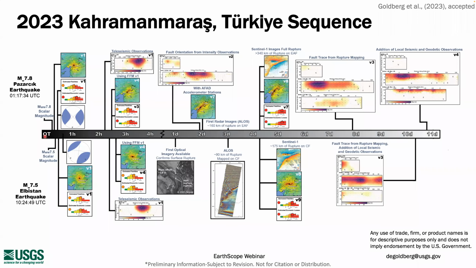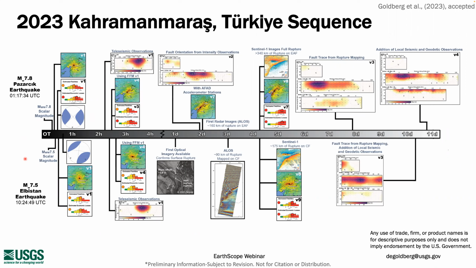So remember, we're relating this timeline to the origin times of each event. For example, you can see that the moment tensor came out slightly later for the magnitude 7.5 event than we got it out for the main shock. That's because of the same teleseismic data issue that we were having in Haiti.